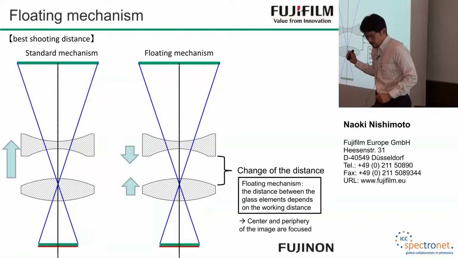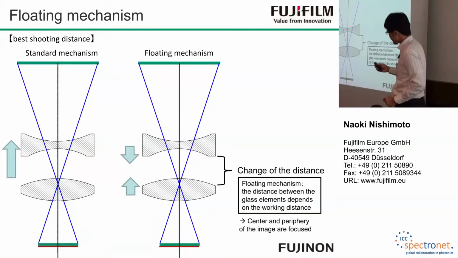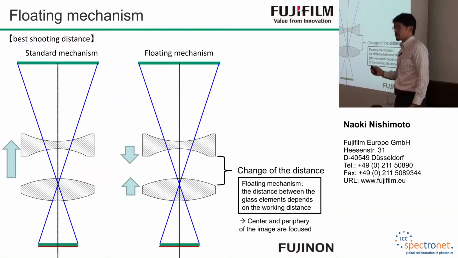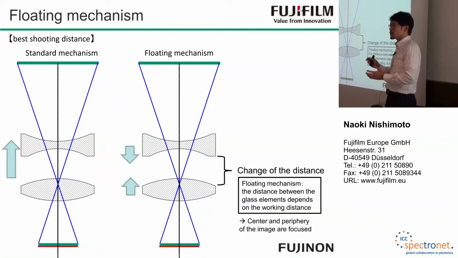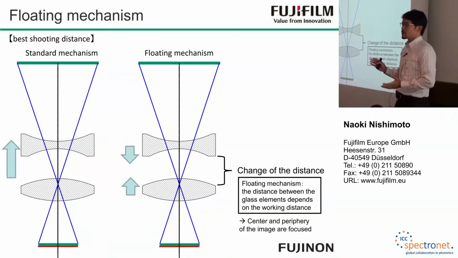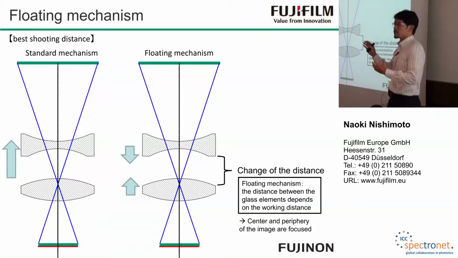And then what is good about a floating lens? First, when we design a standard lens, we set one object distance and one F number, and other parameters as well. We set one condition. And this condition gives the best performance we can get.